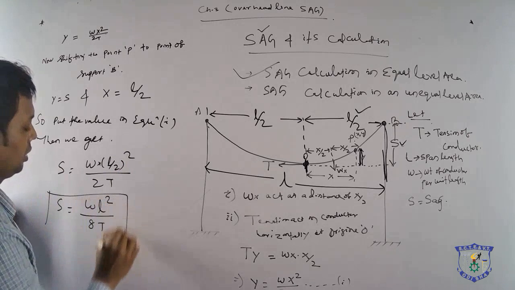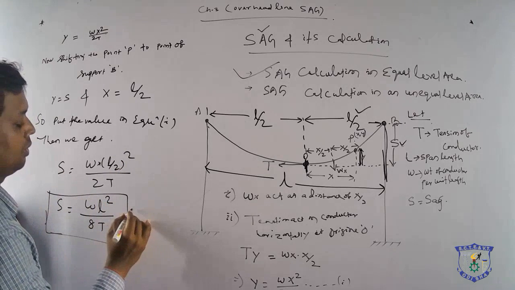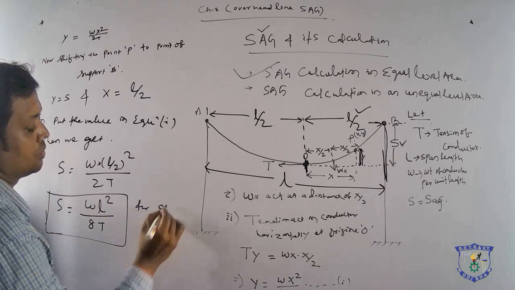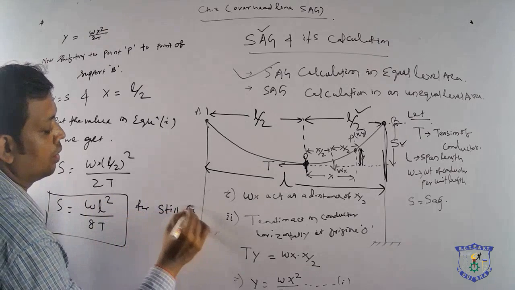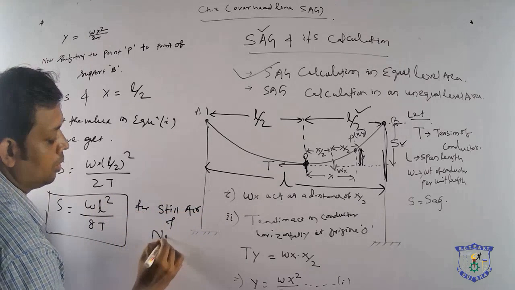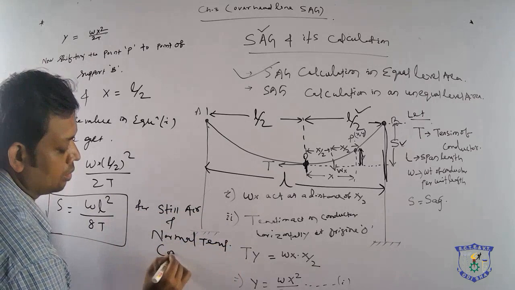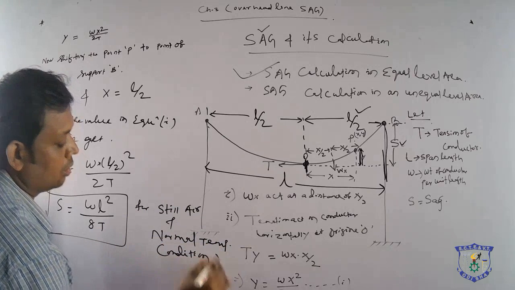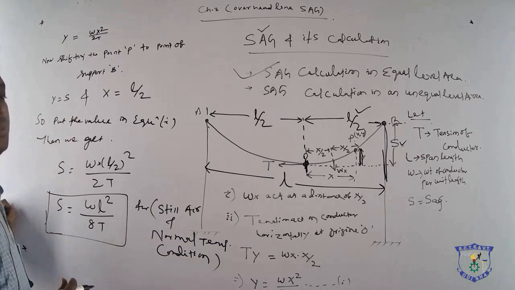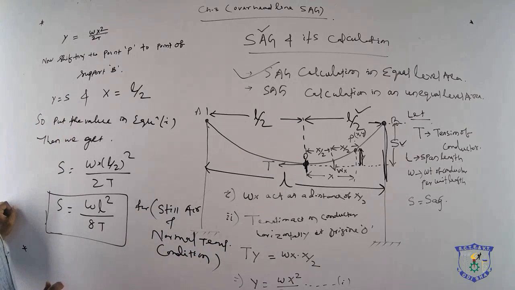This is the formula for getting sag for a supports at equal level and normal temperature condition. So this is the formula by which we can calculate the value of sag.